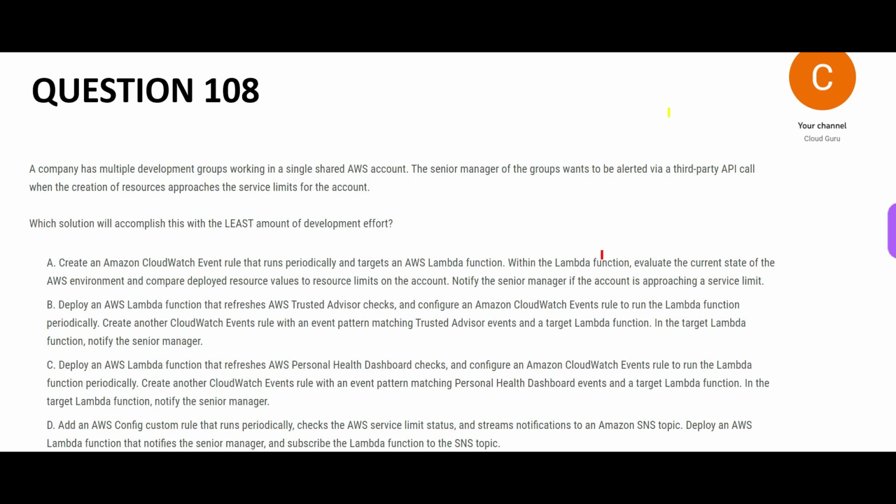In this question, what is happening? If your service limit for an account is crossing, the manager wants to be alerted. It's simple. And you want to achieve this with the least amount of effort, because people want to be lazy.